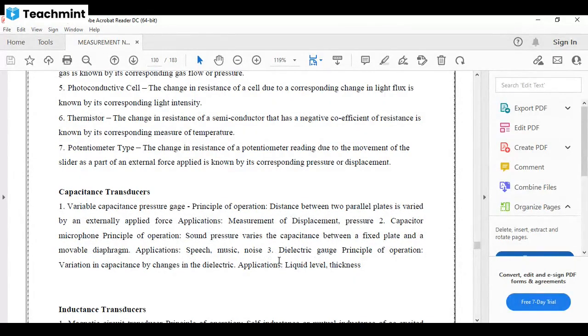Its principle of operation is the variation in the capacitance by changes in the dielectric properties, and the application is measurement of liquid level or thickness of the flow pipe.